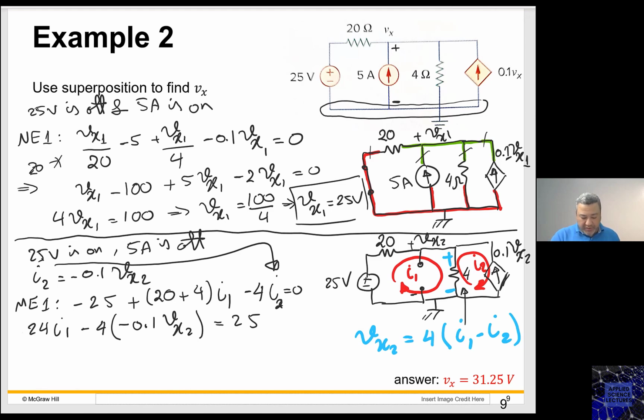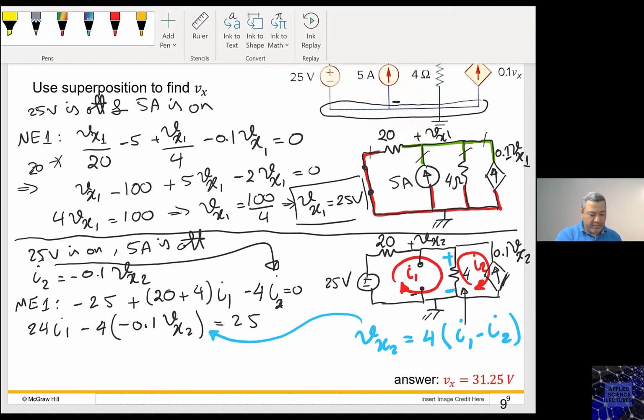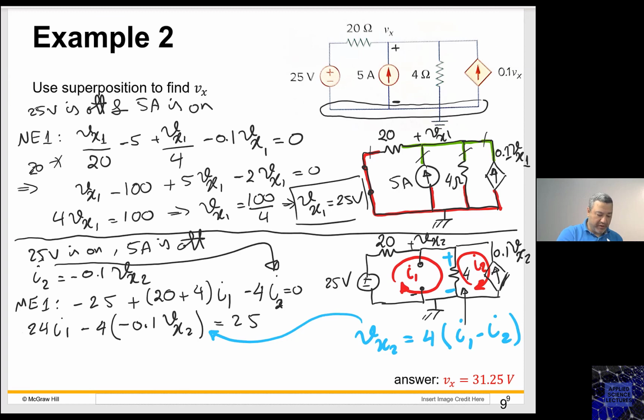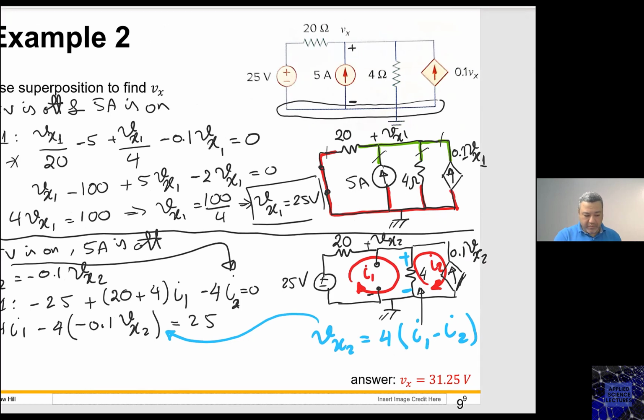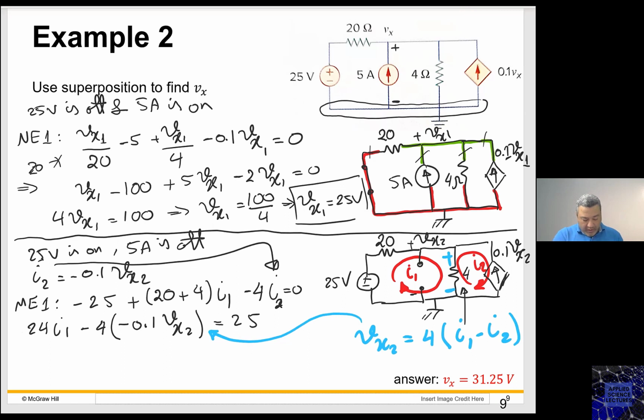Now I can take this one and substitute it here. Then I will be getting the following: 24 I1 plus 0.4 Vx2. Vx2 is what? Is 4 times I1 minus I2.